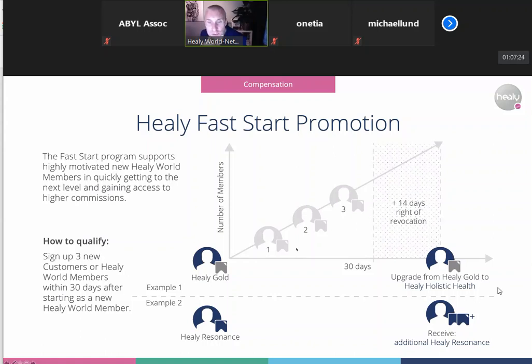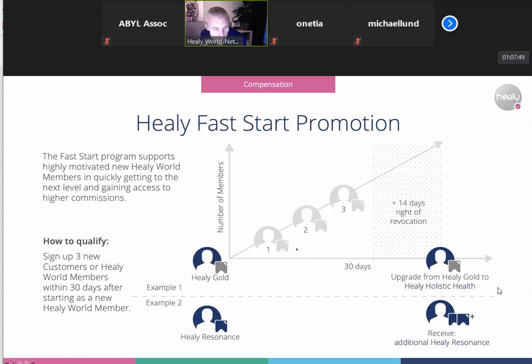At the moment, there's not a 30-day window, but for everyone starting in the month of July, there's a 60-day fast start promotion. So it's even easier for you to get an upgrade.